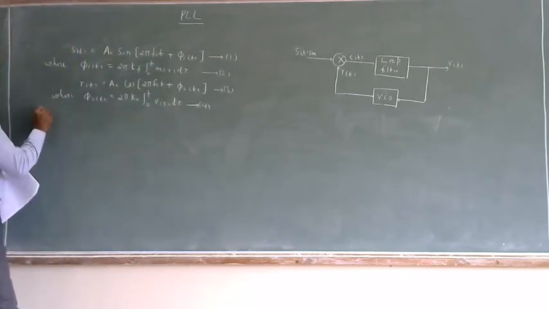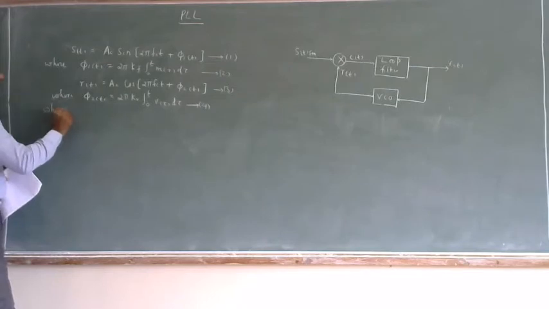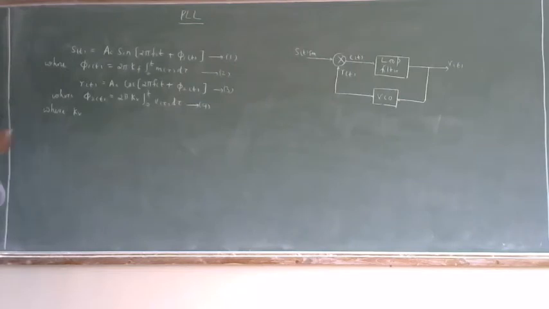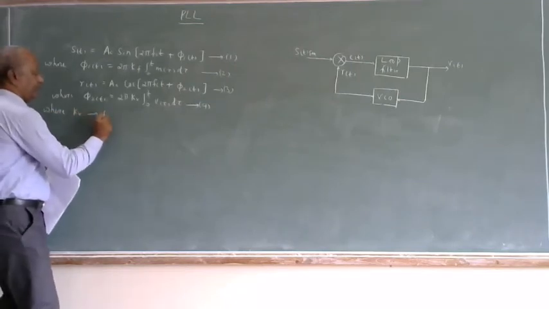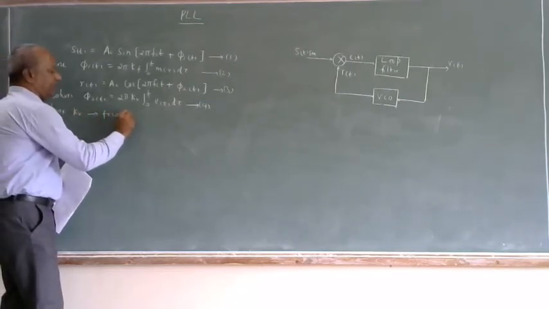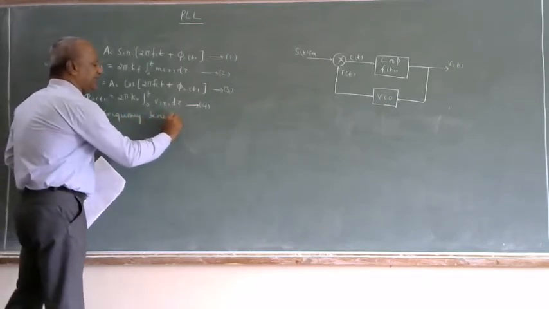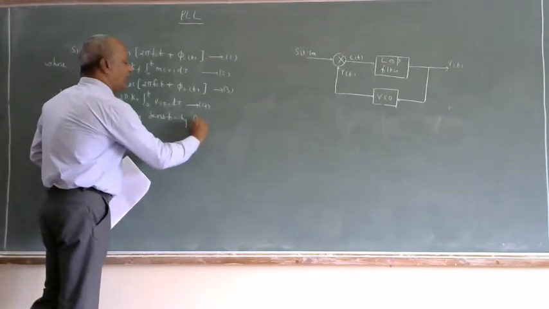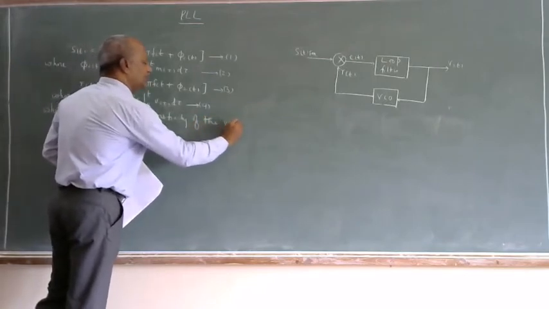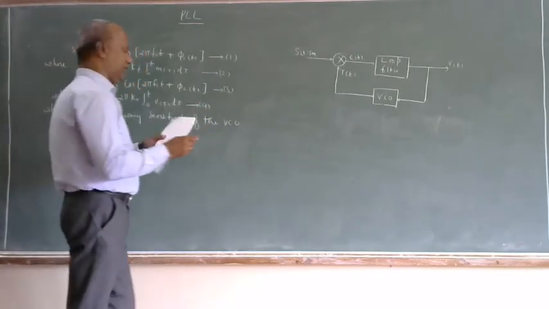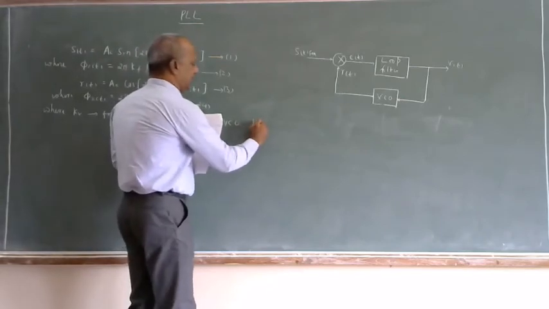where k_v is the frequency sensitivity of the VCO. Again, it is the same unit, hertz per volt.